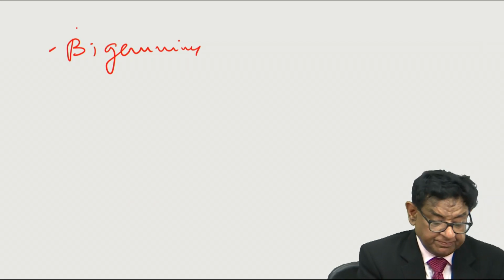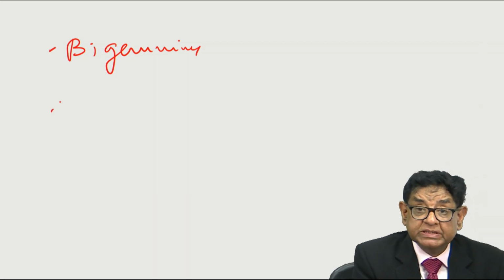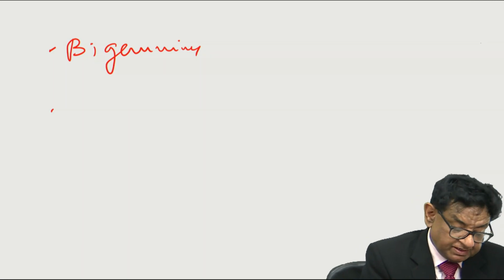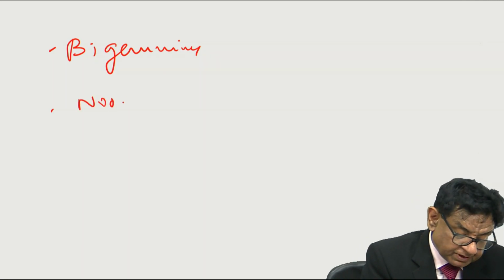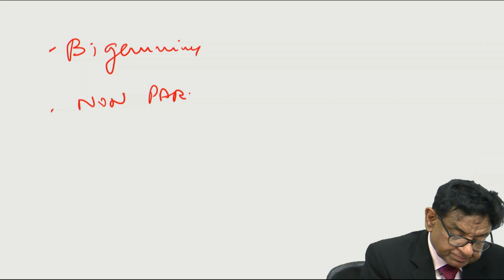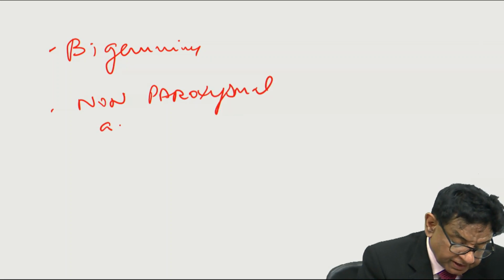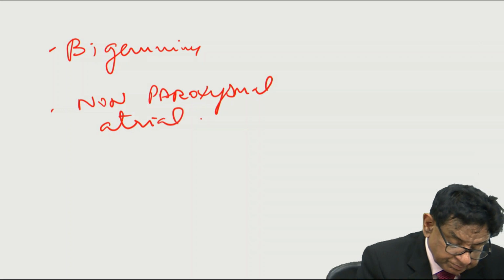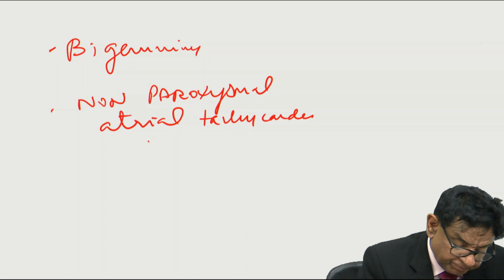Which arrhythmia is most characteristically seen? Non-paroxysmal atrial tachycardia with variable block.